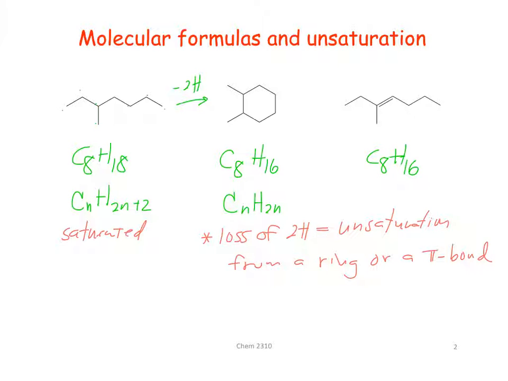Alright, so unsaturations, oftentimes we talk about them in terms of alkenes, right? You've heard about saturated and unsaturated fats, and unsaturated fats have double bonds in them, and saturated fats don't. Alright, so what if we drew one more structure here? Let's see if we can figure out how many unsaturations it would have. So I'm going to do this one right here. Alright, so this one has a triple bond.